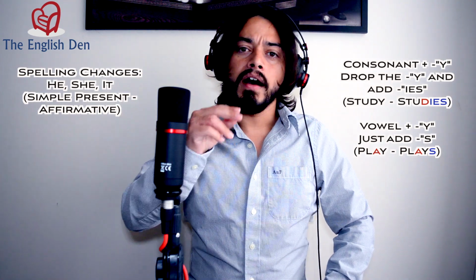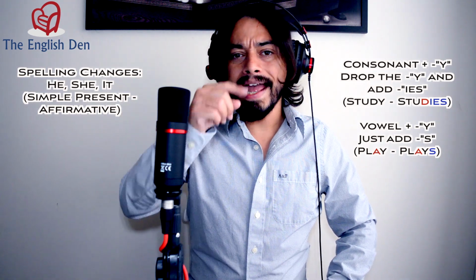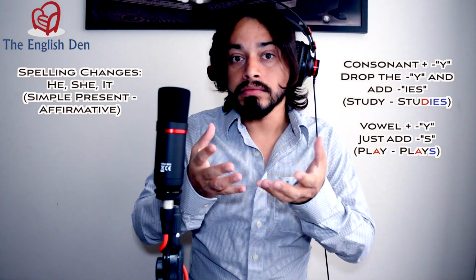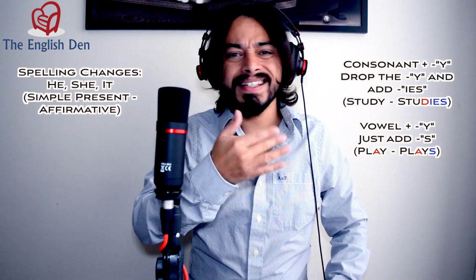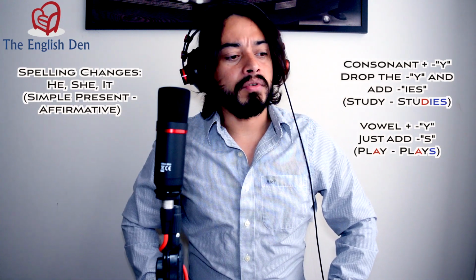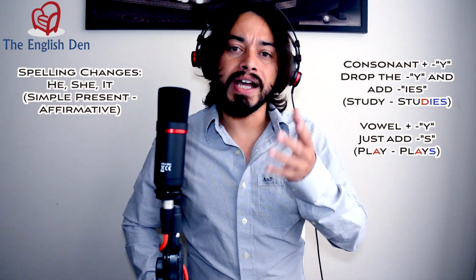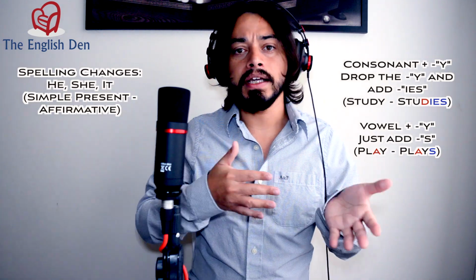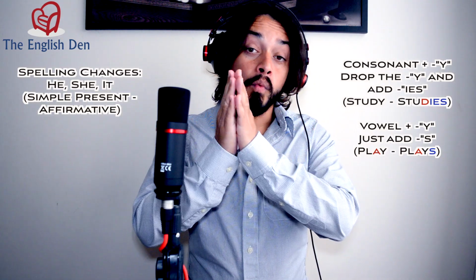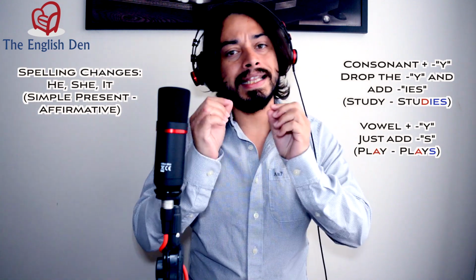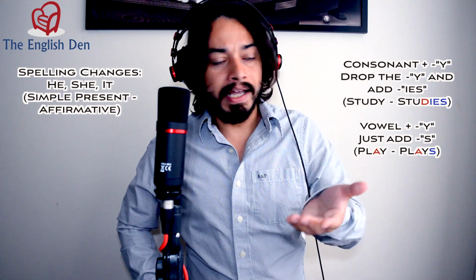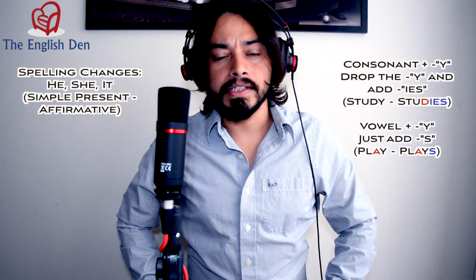This verb ends in Y, but before the Y, I have a vowel, the letter A. So that doesn't apply in this case. It's not necessary to use IES here. All you gotta do is add S. So play becomes plays. But if you have Y and a consonant before, then yes, you cut out the Y and add IES, like in study, studies, all right?